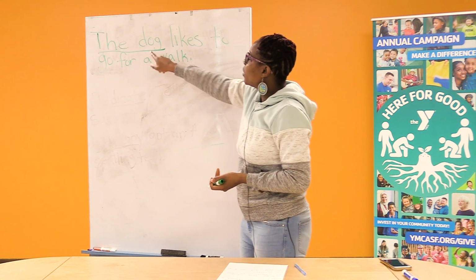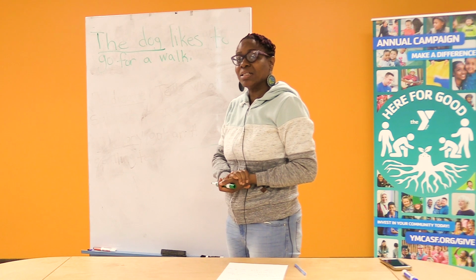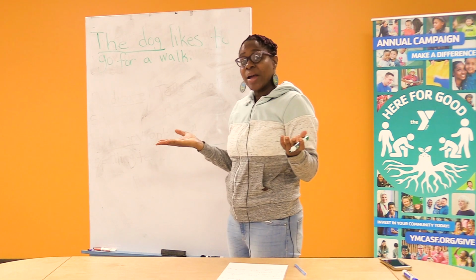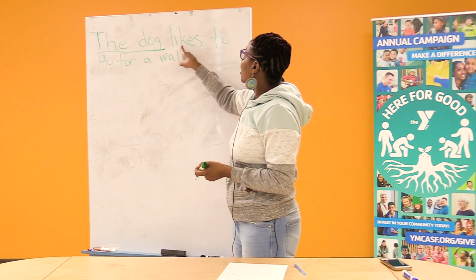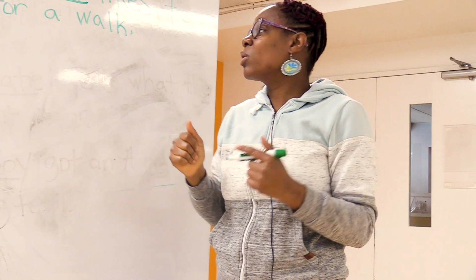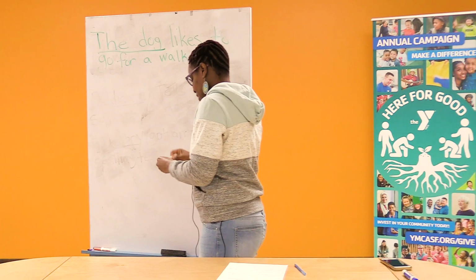Notice once again how it's another noun. Now, what is the predicate matter in our sentence? That's correct. If you said likes to go for a walk, then you are correct. That is the predicate matter in our sentence.